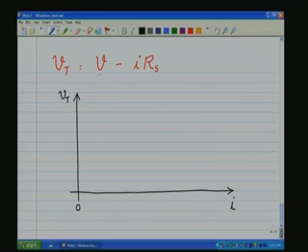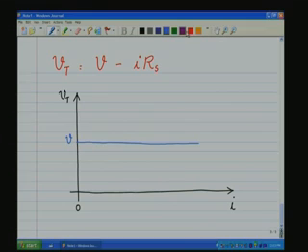So according to the equation, I is equal to 0, this portion is not there, so the terminal voltage is the same as V. So the terminal voltage starts with V. And if it had been ideal, it would have kept going straight horizontal.